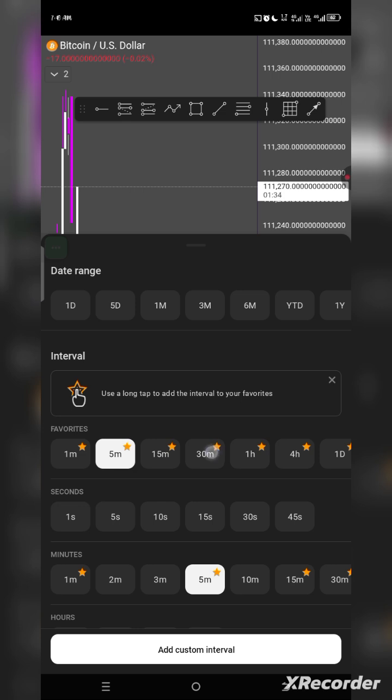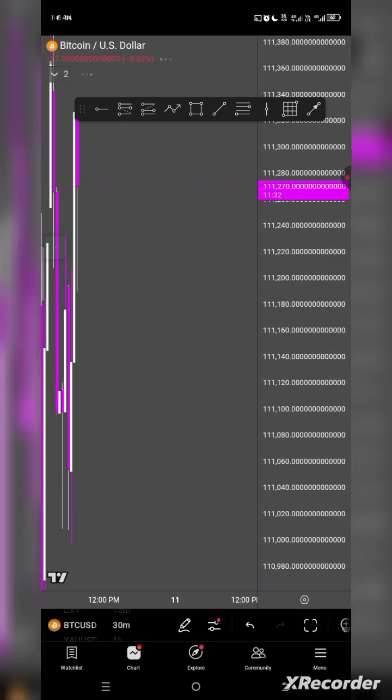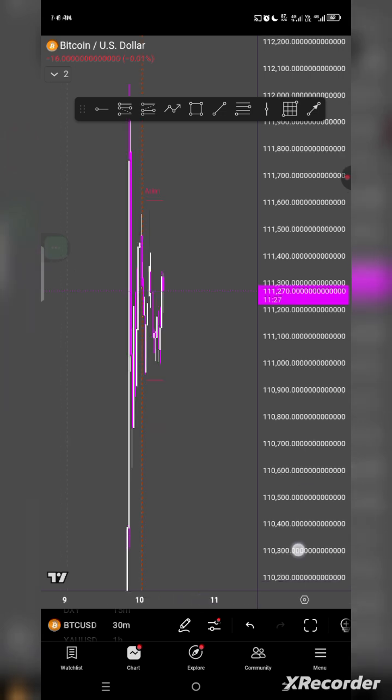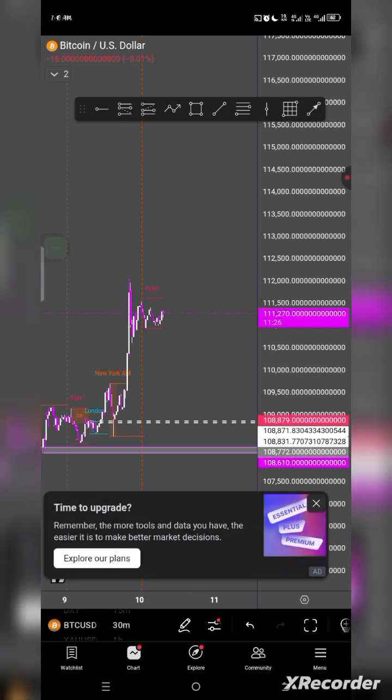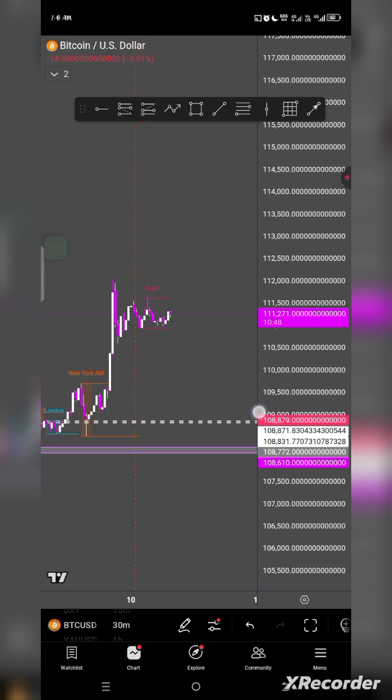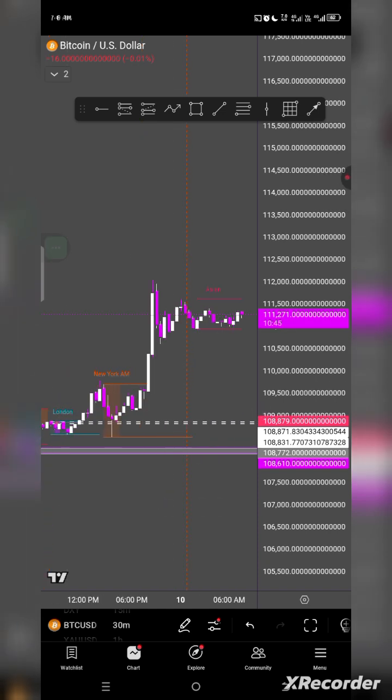I've actually been back testing quite lately, and I'm still trying to figure things out. So on the 30-minute time frame, you can see clearly we're currently on a bullish trend.